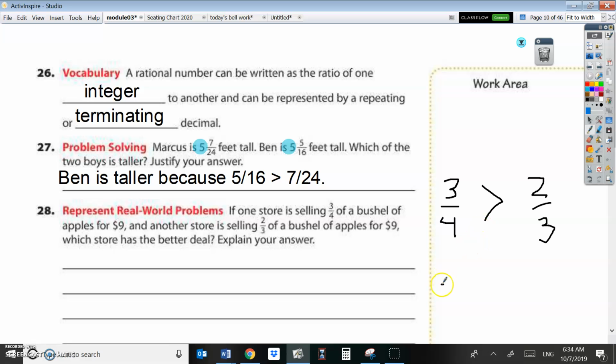Also, you could do common denominators here. 4 times 3 is 12. 3 times 3 is 9. 4 times 3 is 12. 4 times 2 is 8. 9 is greater than 8.